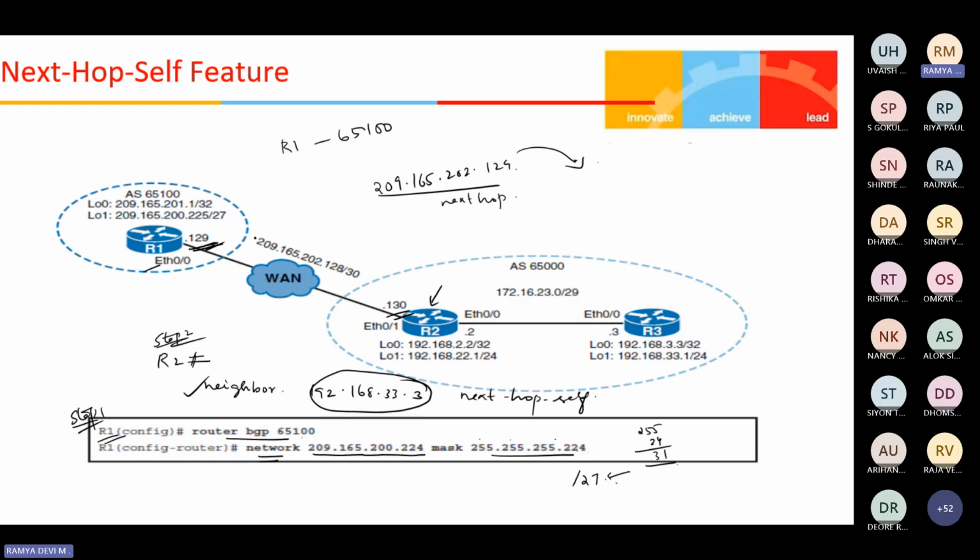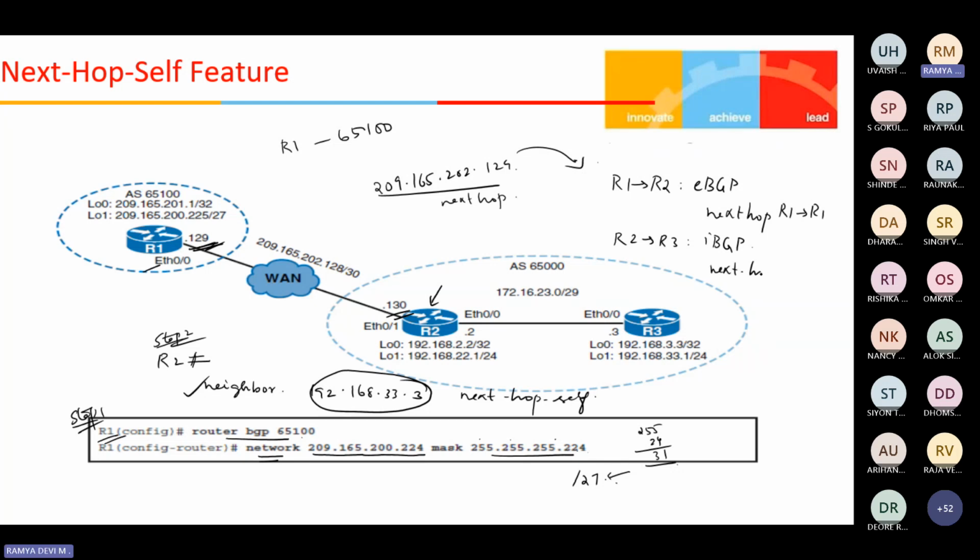So from R1 to R2, it is an eBGP exchange. The next hop, which will be the next hop? The next hop is R1's IP address itself. From R2 to R3, it is an iBGP exchange.